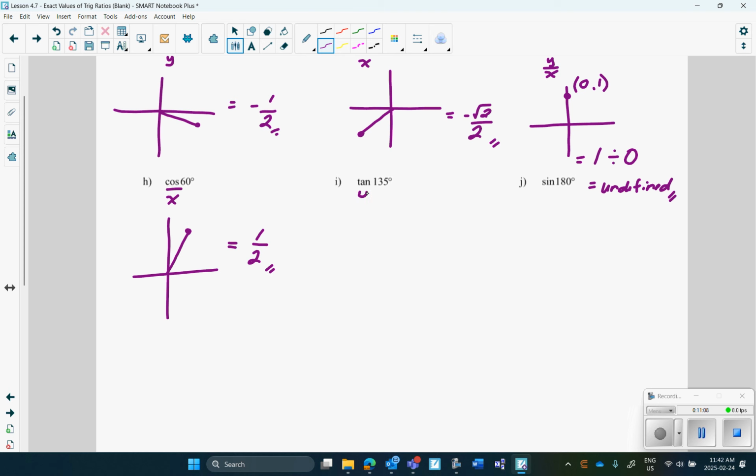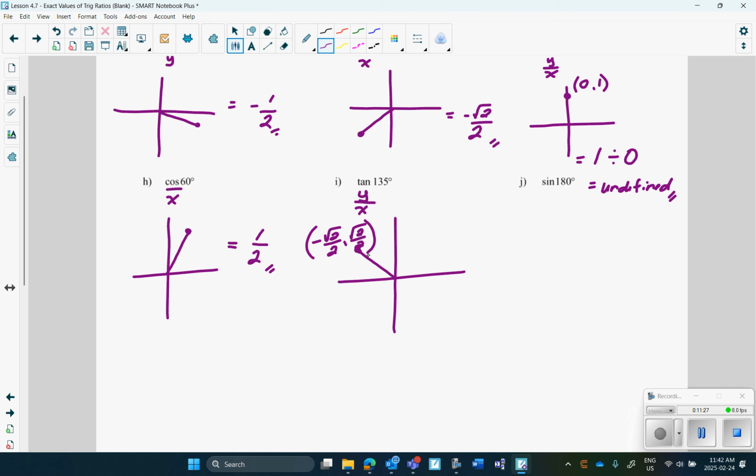And 135, I'm going to have to do y divided by x. 135 is the one that goes into the middle, in quadrant 2. Remember, that's negative root 2 over 2 comma root 2 over 2.